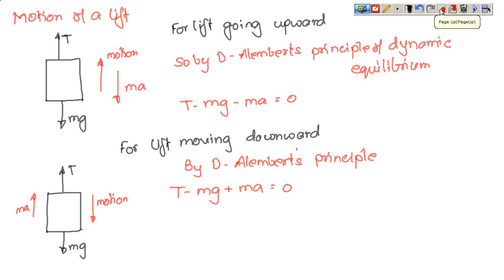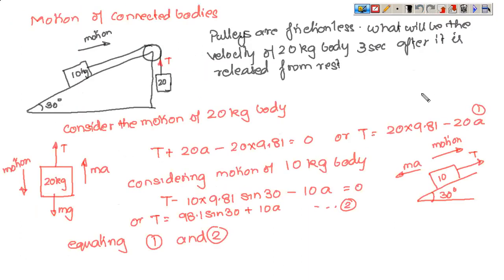So, coming to the first numerical, in the case of motion of a lift, it is very clear that there will be only two possible motions, perfectly vertically moving upwards or perfectly vertically moving downwards. So obviously there are no complications in solving problems of those types. Let us take a few difficult ones.